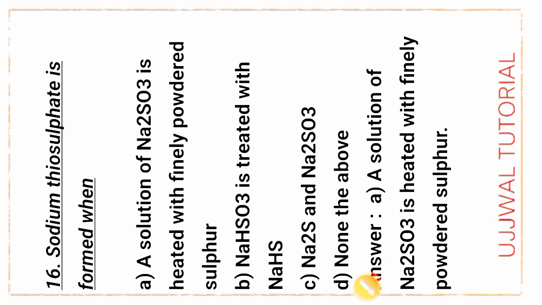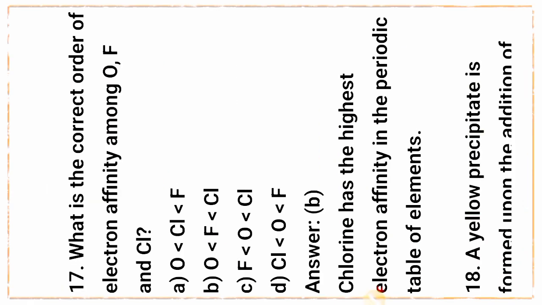Sodium thiosulfate is formed when option A, a solution of Na2SO3, sodium sulfite, is heated with finely powdered sulfur. Question number 17.